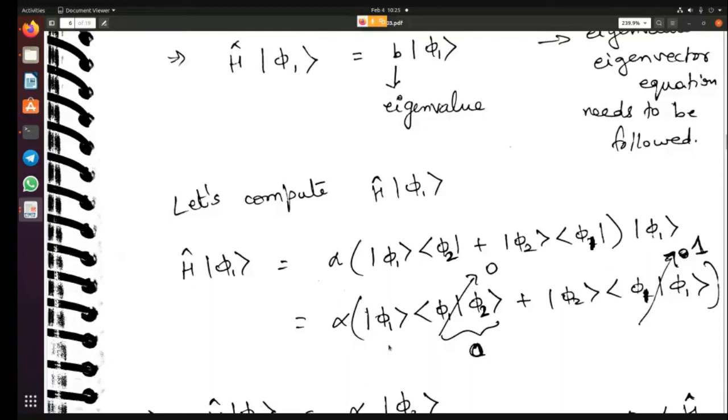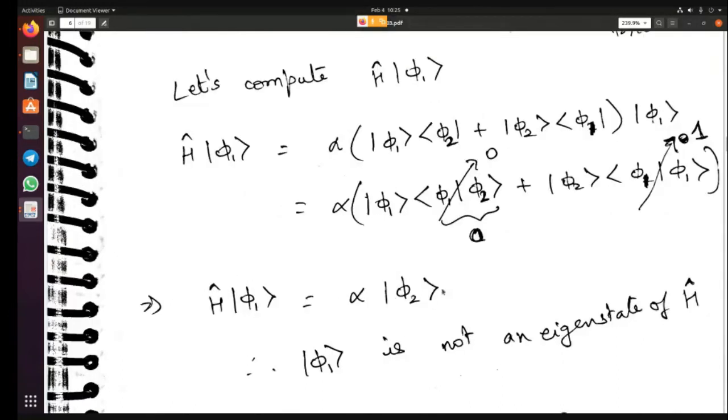You get h phi 1 is equal to alpha into phi 2. If it was alpha into phi 1, then you could say that phi 1 is an eigenstate of h, because then it would satisfy the eigenvalue eigenvector equation. But here you're getting h phi 1 equal to alpha into phi 2.